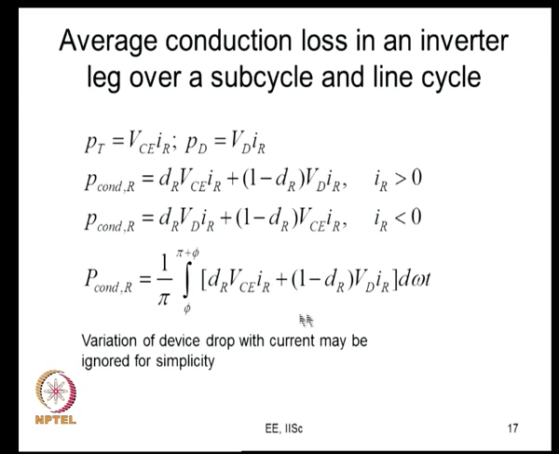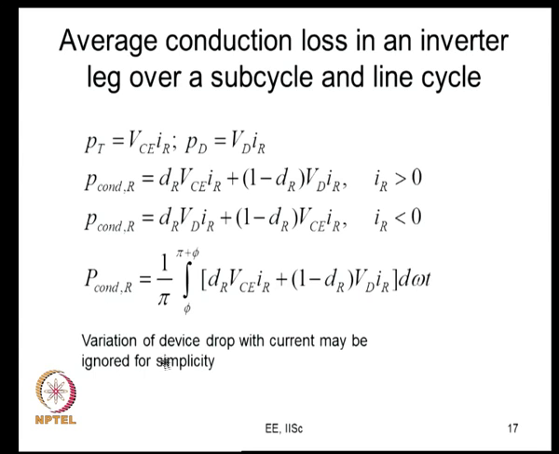So, it is enough if you just consider one half cycle, say the positive half cycle here, and it is actually integrated over this. So, you take the average of this. This P conduction R is the average conduction loss over a subcycle, and that is integrated over half a cycle or a full cycle to get what is called the conduction loss.